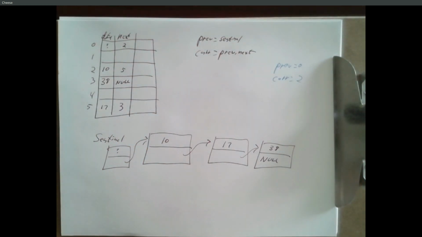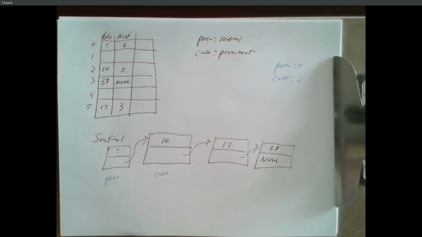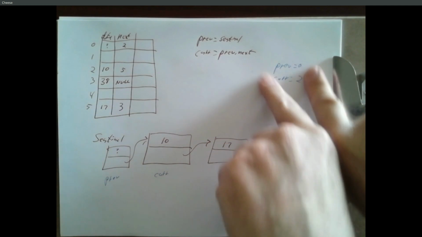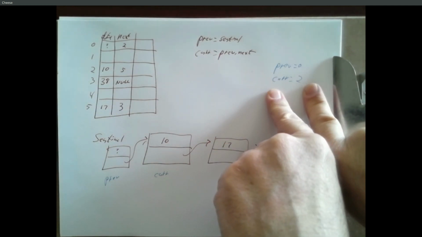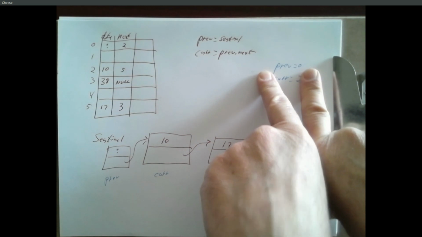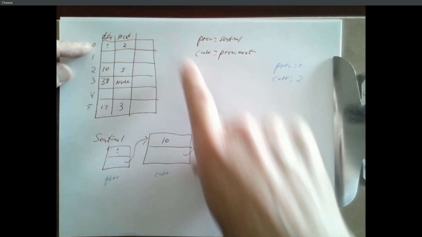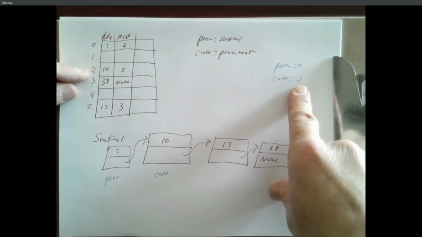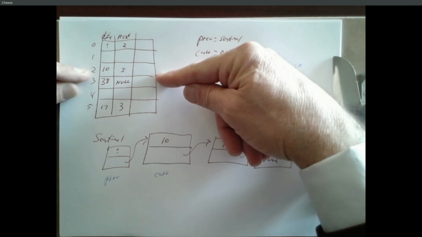Logically, we're thinking of it like this is previous and this is current. We're logically thinking of this as a node, this as a node. But they're actually just integers when we get down to the C code. The integer in particular corresponding to a location in our array. So when we say current equals 2, we mean the current node is the one stored at location 2 in our LL array.